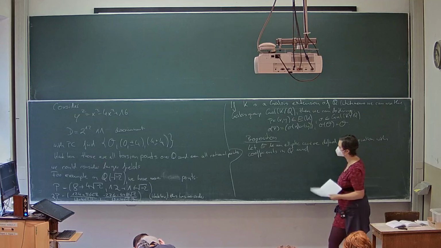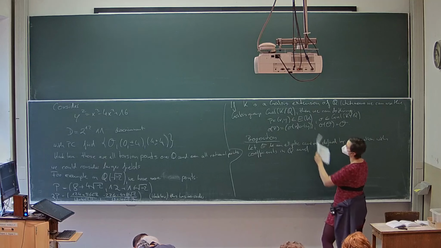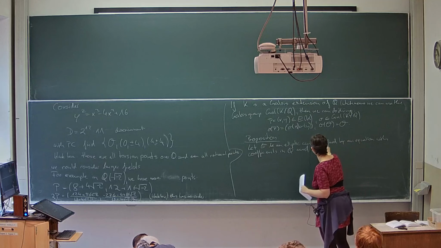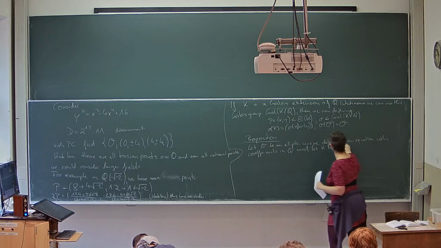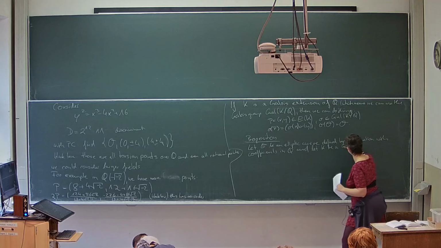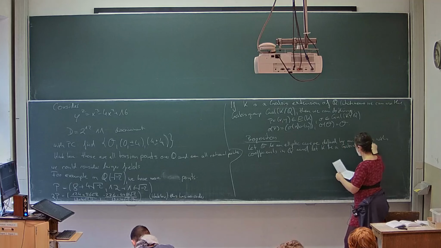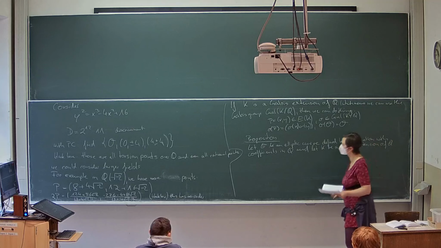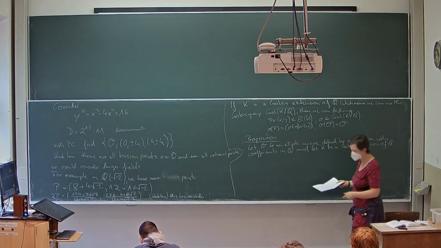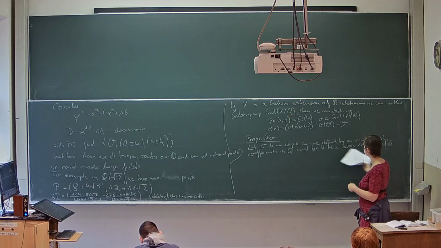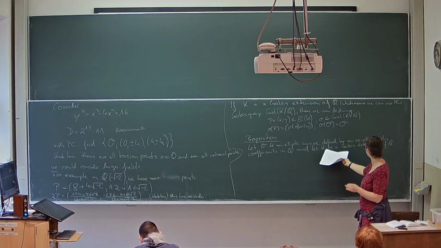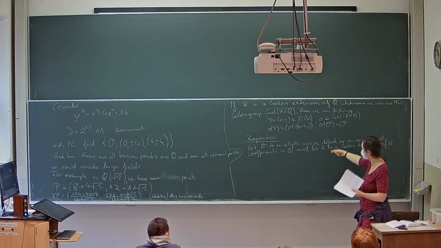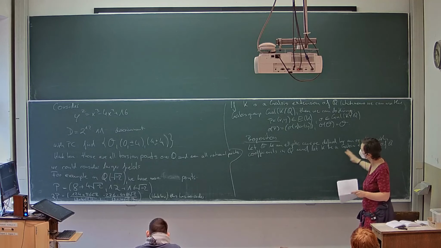An elliptic curve with coefficients in Q, and we have a Galois extension K of Q. Then we have some properties, and you should remark here that K can also be of infinite degree as long as it's Galois.